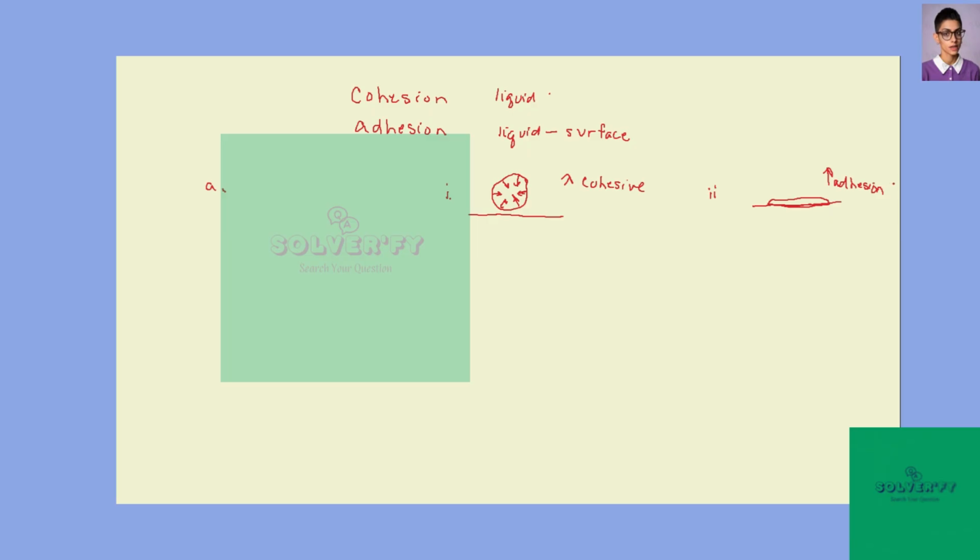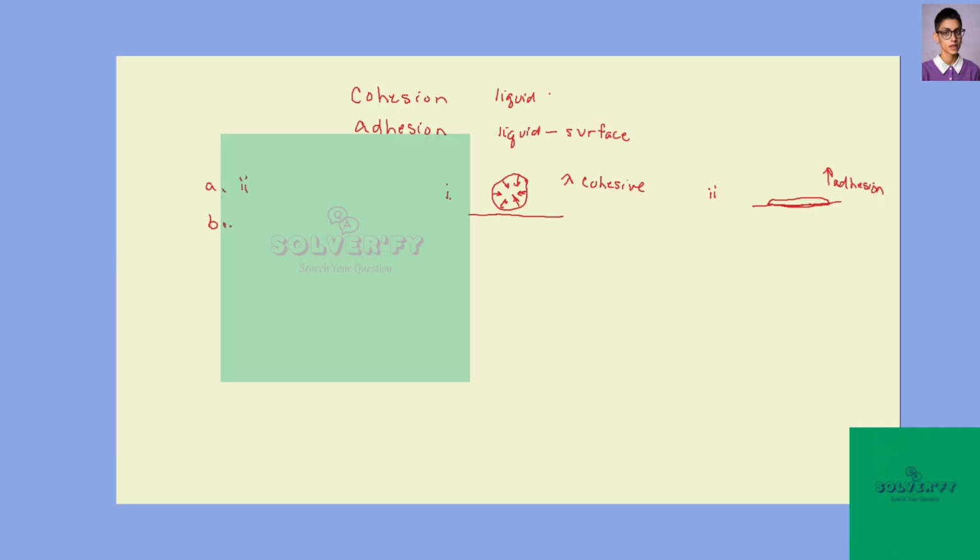All right, so let's look at the question again. We are trying to find the diagram in which the adhesion forces are greater than the cohesion. So in this one, the adhesion forces are greater in figure 2.